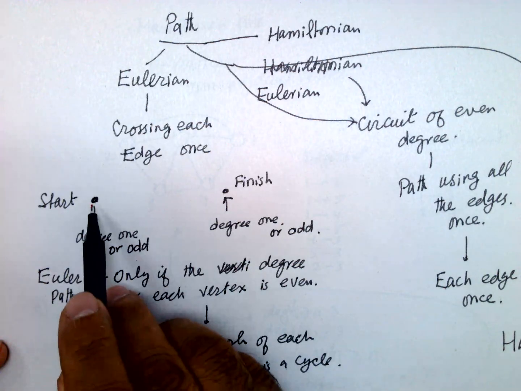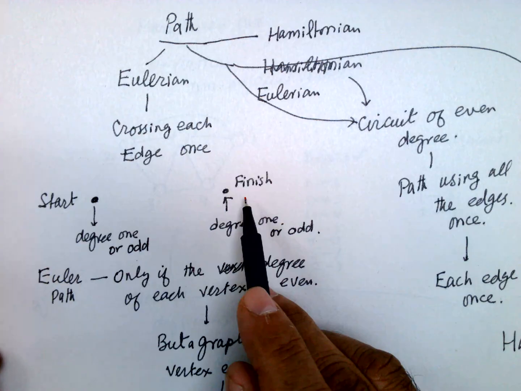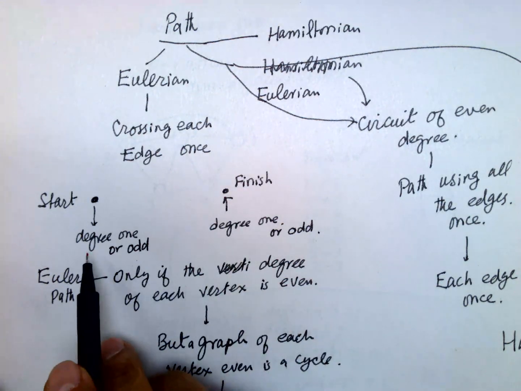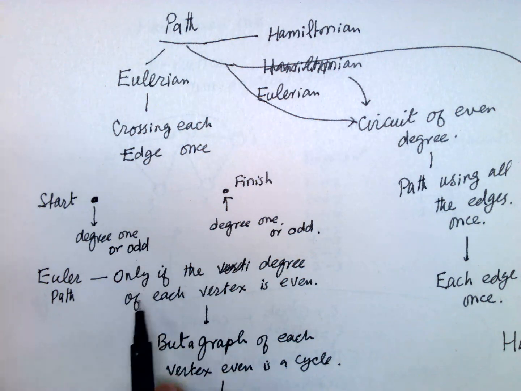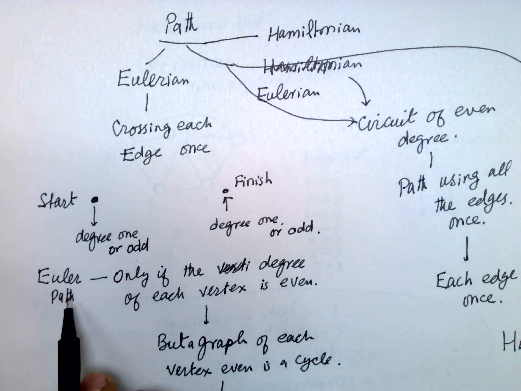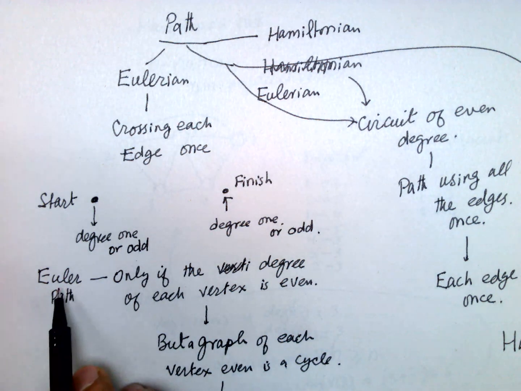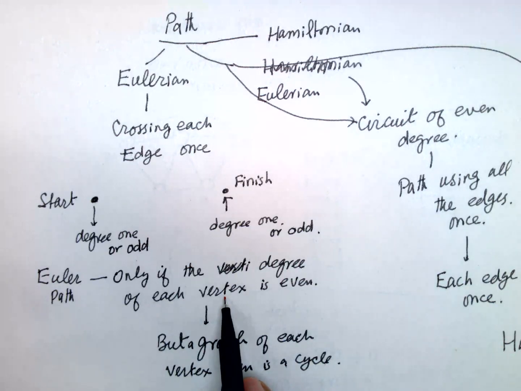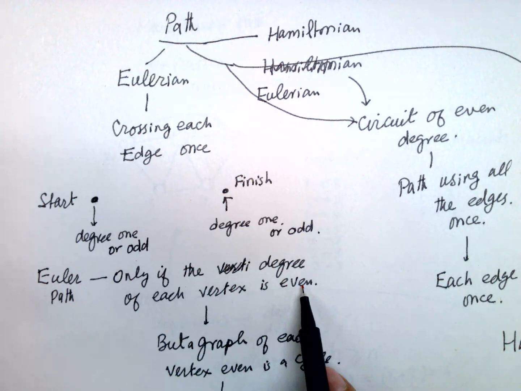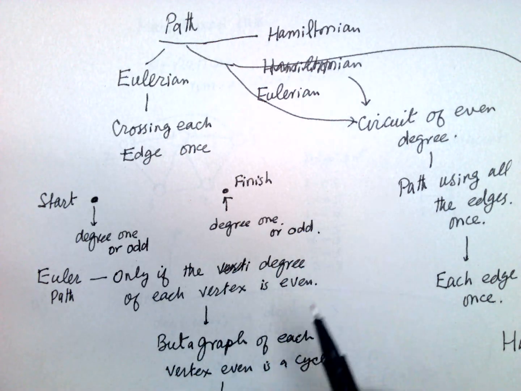It says that if the start and the finish vertex have degree 1, or odd, then the Euler path has this property. So Euler path only if the degree of each vertex is even. So this is to prove.